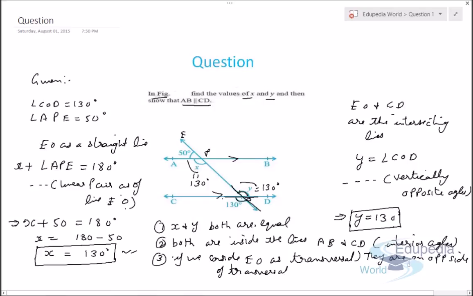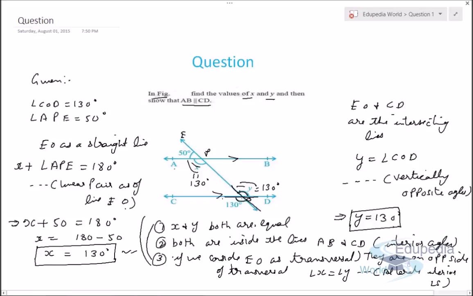These three points clearly state that angle x will be equal to angle y, because they are alternate interior angles, which we have discussed in the previous videos also. So if these two angles are equal and they satisfy these three conditions, they represent alternate interior angles.